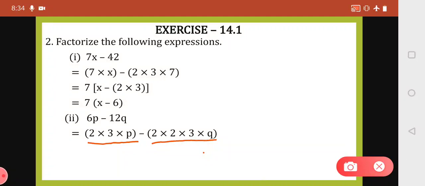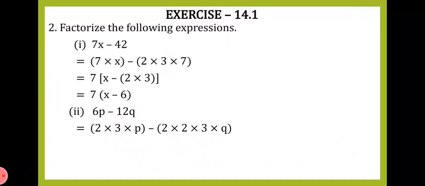So we have made the factors separately. Now let's find out what is common in both. Here you can see 1 time 2, then again 1 time 3. Nothing else remains the same. So we take out 2 multiplied by 3 as common, and write the remaining in the bracket.